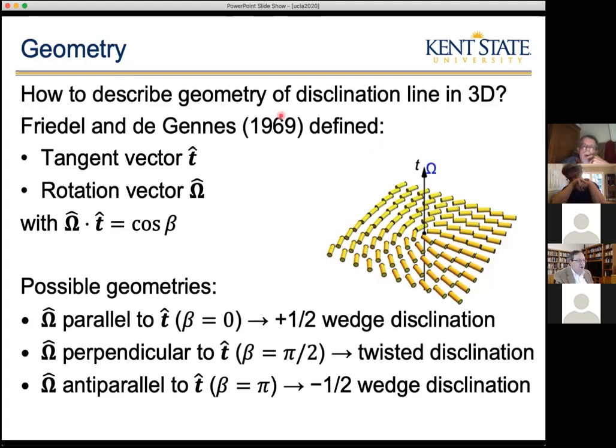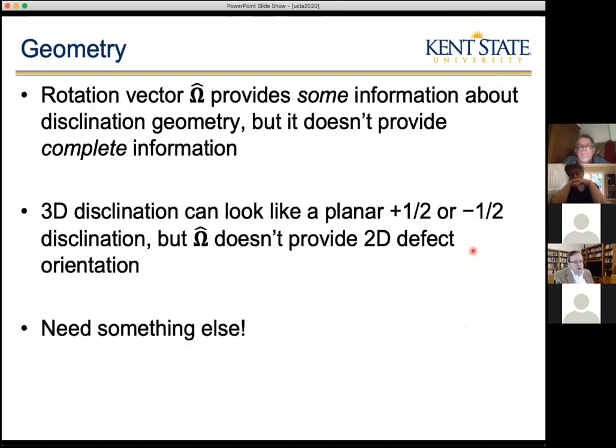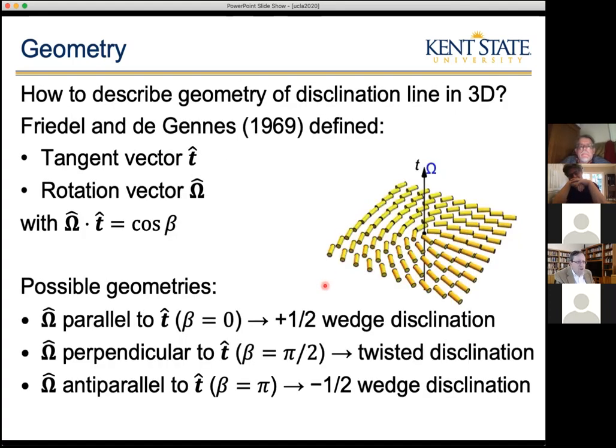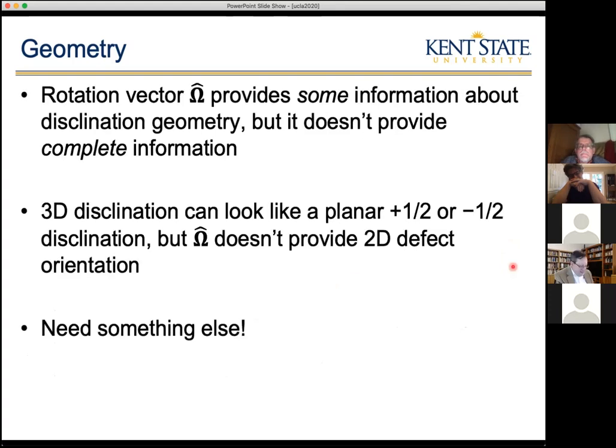So they came up with this rotation vector omega to characterize the vector that the director field rotates around. Okay, so we can transform this. Whoops, I couldn't pause.